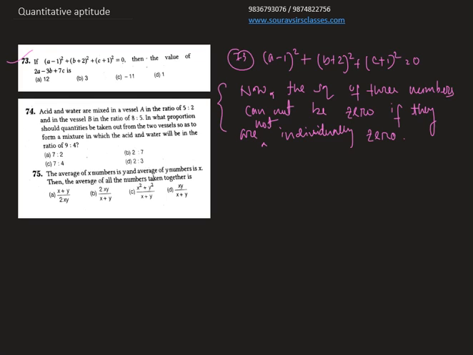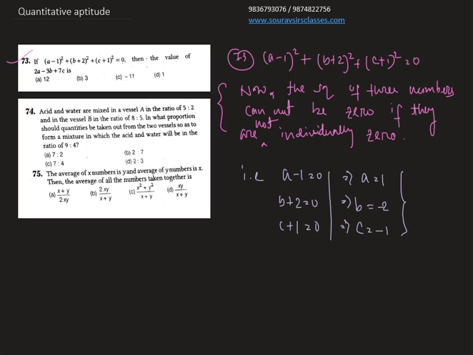Okay, that means a minus 1 is equals to 0, b plus 2 is equals to 0, and c plus 1 is equals to 0. So this implies a is equals to 1, b is equals to minus 2, and c is equals to minus 1.